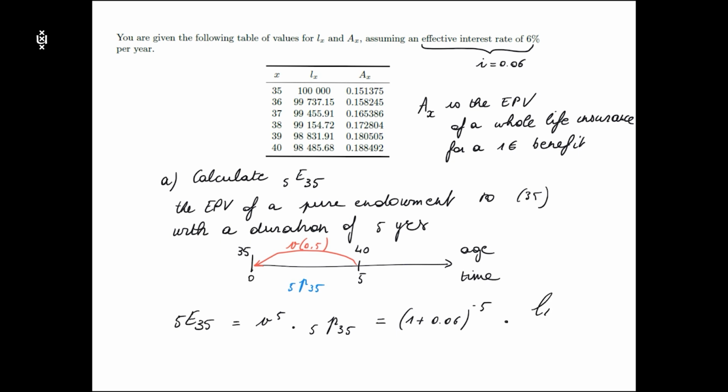So I'm going to work with L40 divided by L35. And you can do this calculation yourself, and in the end you should end up with 0.73594. That concludes part A in this exercise.